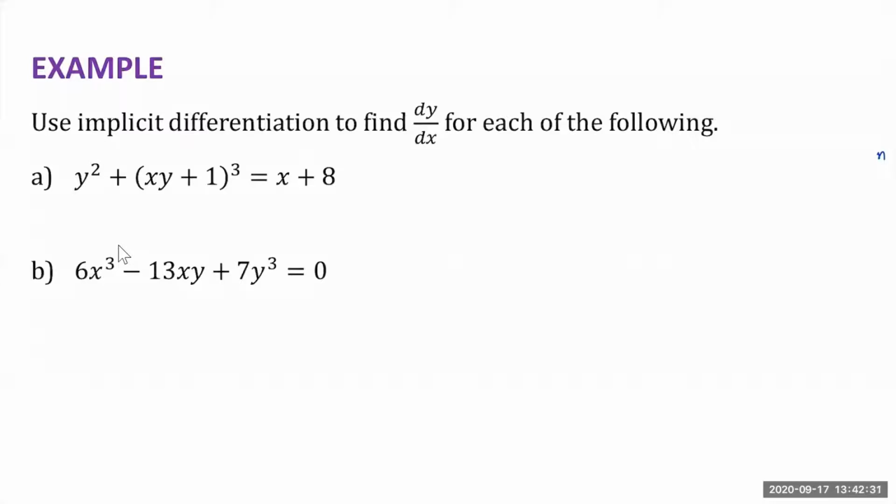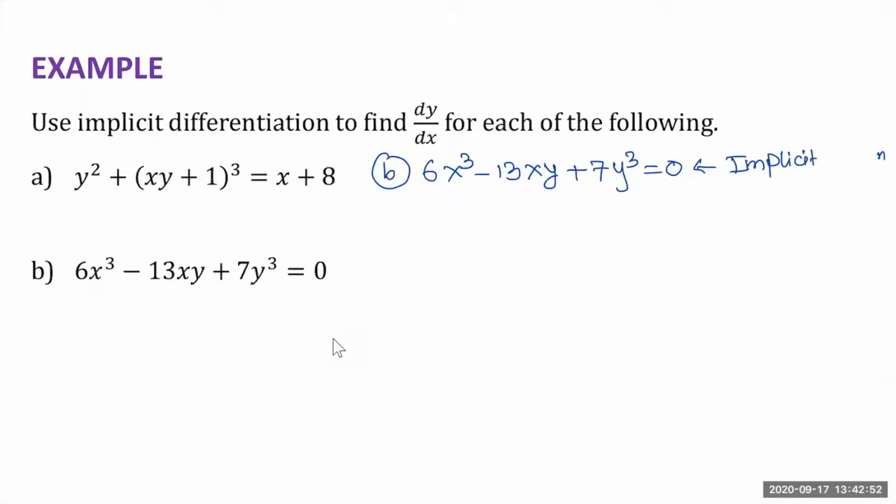Now let's work on part B. In part B, we have 6x cubed minus 13xy plus 7y cubed equal to 0. So this function is implicit function, because you cannot solve this for y easily. So we perform the implicit differentiation.